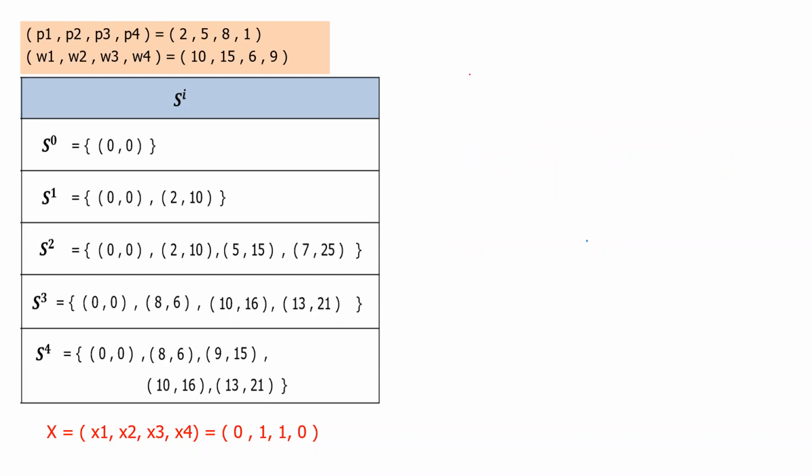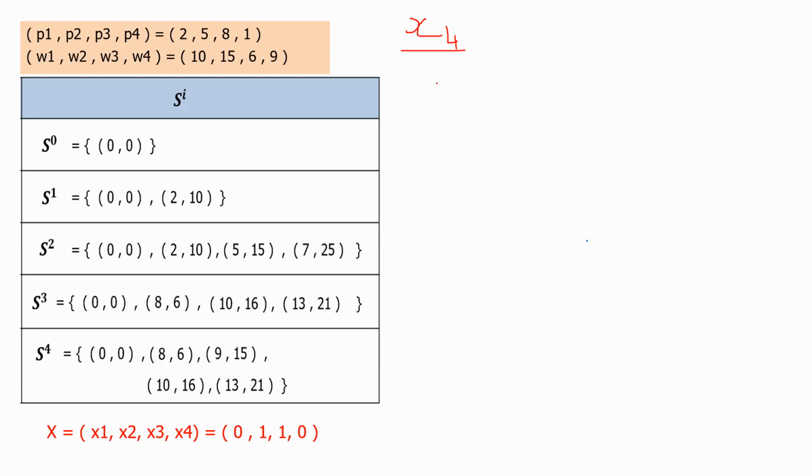In this order, I'm going to make decisions, right? So first I have to make a decision on the x4 value. For that, I'm going to take the last pair from S4, the last member of set 4. Because I'm making a decision on X4, I have to consider S4 and S3.